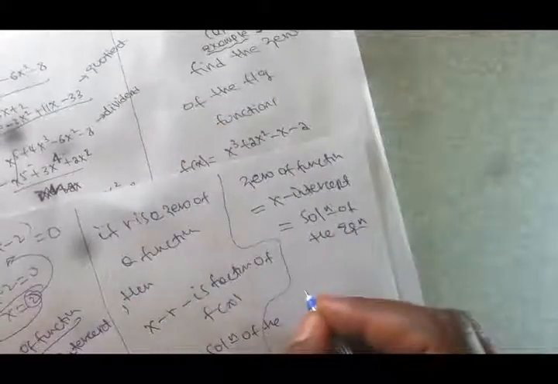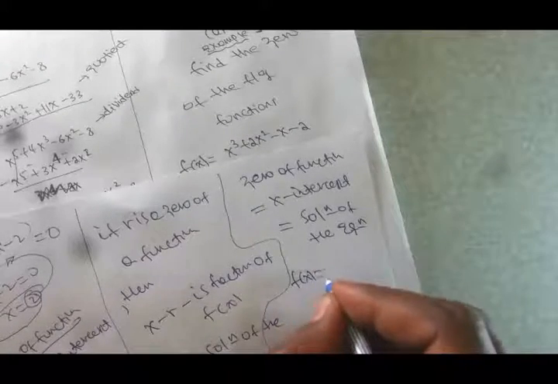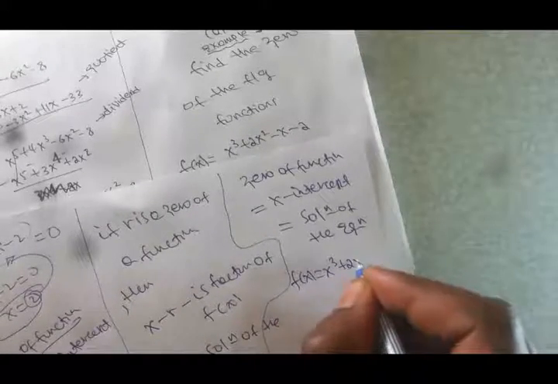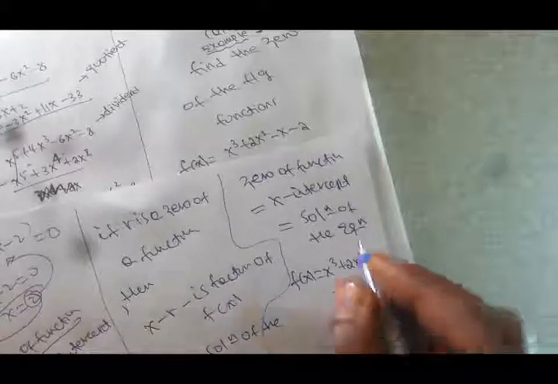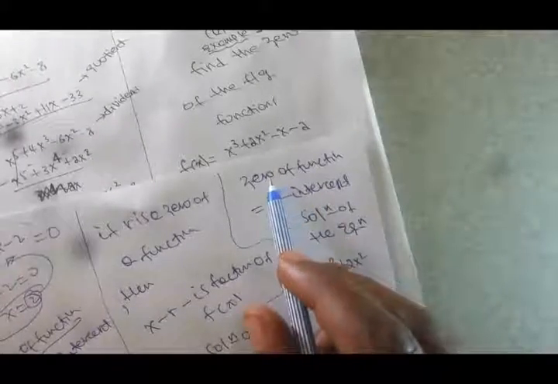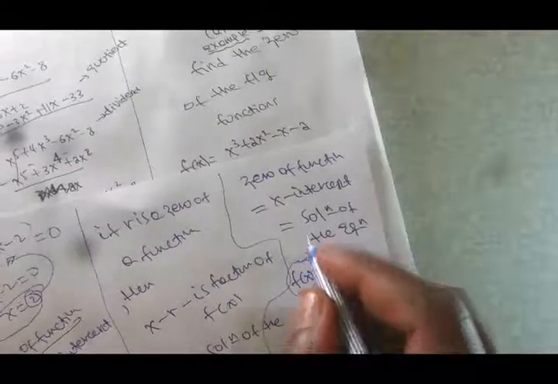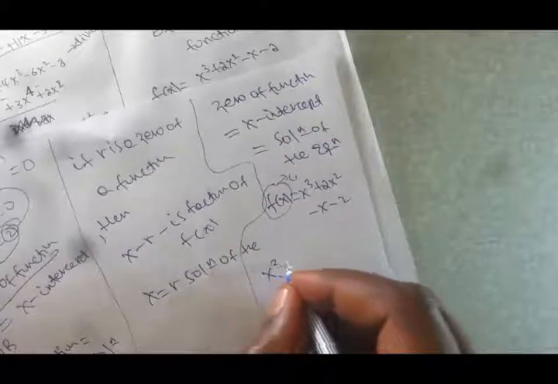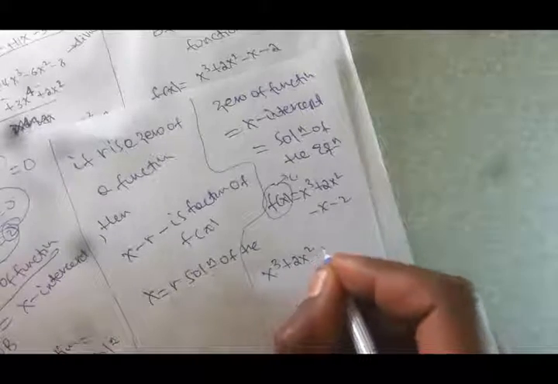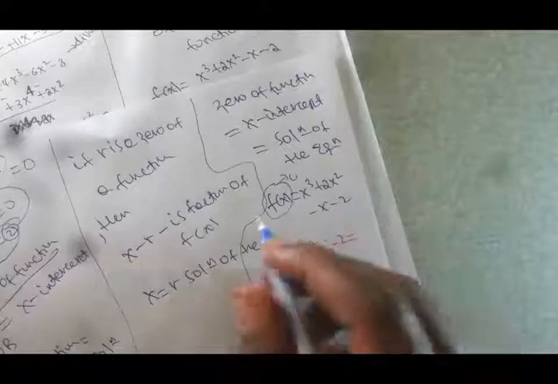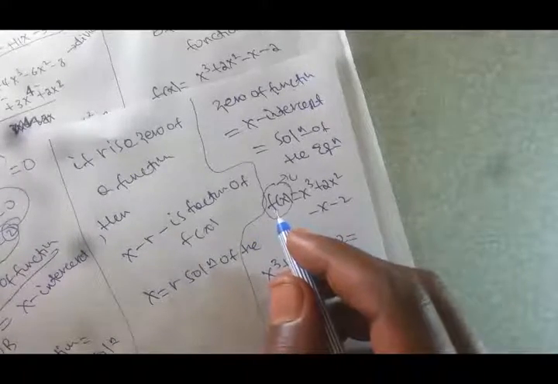And our function is given by f of x equals x cubed plus 2x squared minus x minus 2. Whenever you are asked to find the zero of a function, x-intercept, or solution, we have to first make f of x 0. Therefore, x cubed plus 2x squared minus x minus 2 is equal to 0.